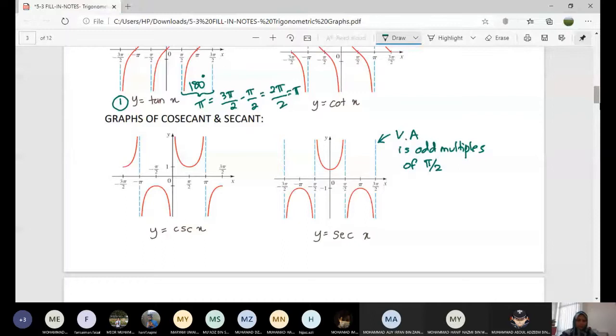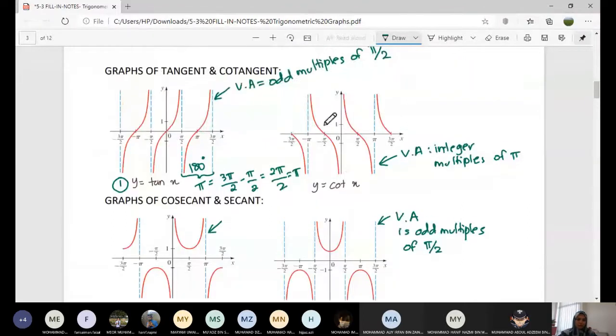Okay, we continue. For cosecant and also for cotangent, the vertical asymptotes are integer multiples of pi. Other than that, we'll have the graph.